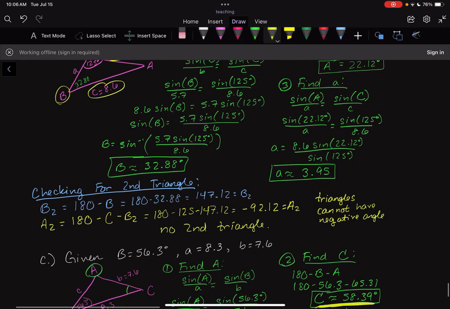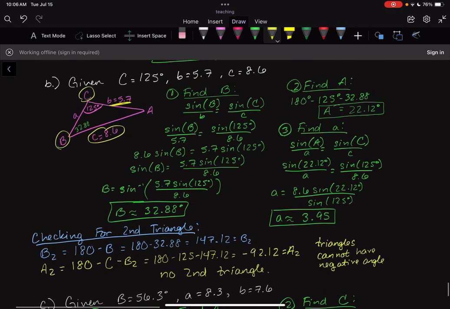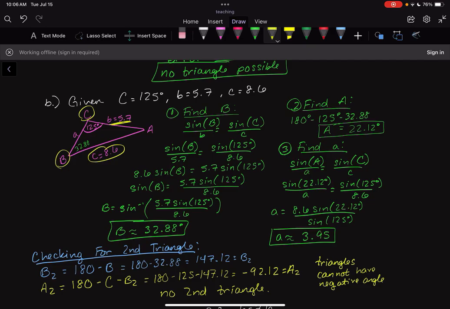After you find all of your information, you can write it in. So let's look at B for a second. My angle A, what did I get? 22.12. And for my side A, I got 3.95. So it makes sense that the biggest angle C is across from the biggest side C. Then B is my next smallest side, and that's across from my next smallest angle.